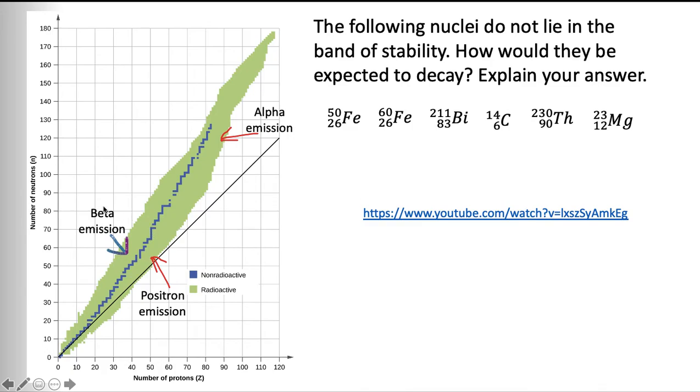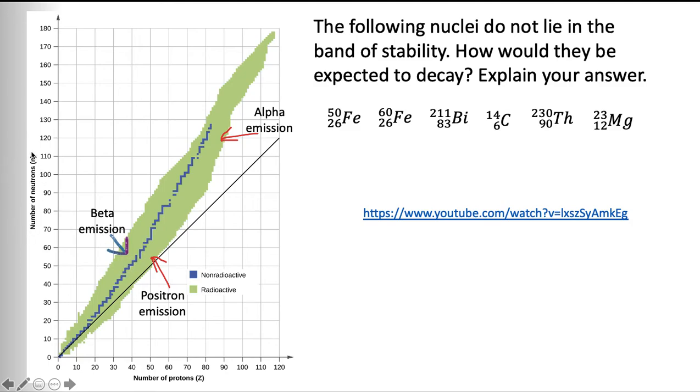Now let's look at those isotopes that fall above the blue line here. If they fall above the blue line, that means that they have a larger number of neutrons than protons, and they need to reduce the number of neutrons to lower this curve to the blue line.